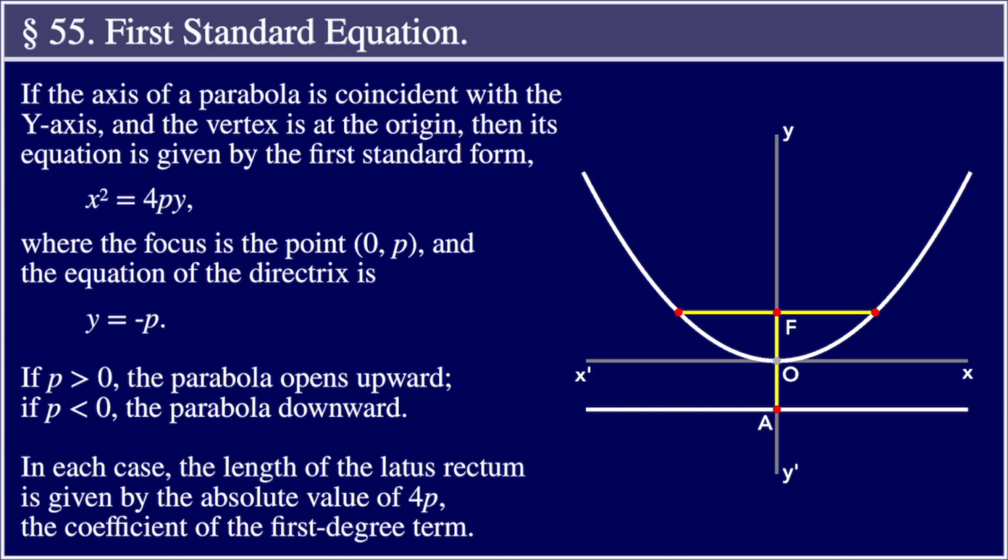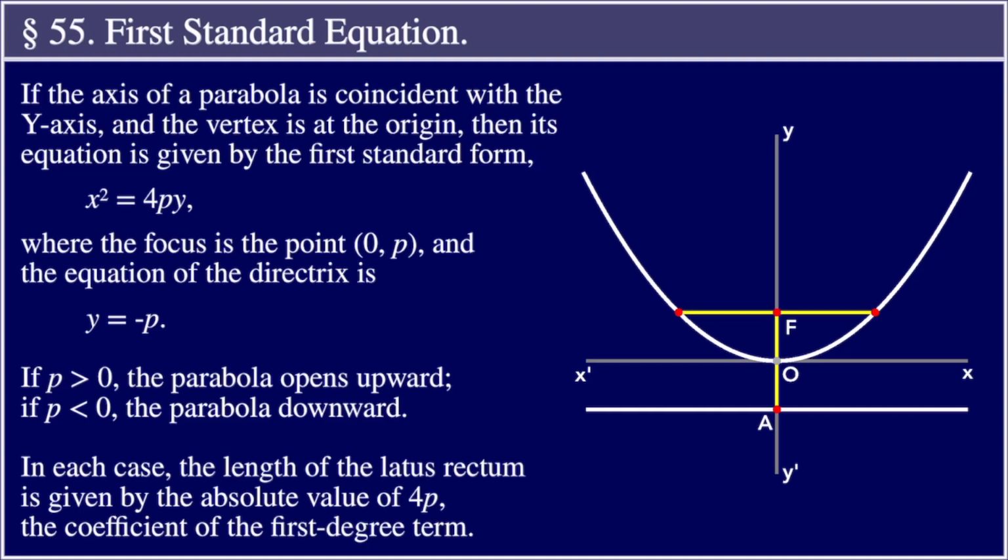If p is greater than 0, the parabola opens upward. If p is less than 0, the parabola opens downward. In each case, the length of the latus rectum is given by the absolute value of 4p, the coefficient of the first degree term.